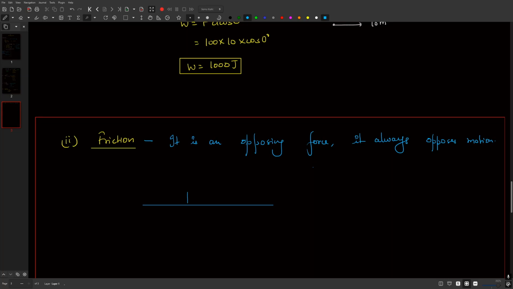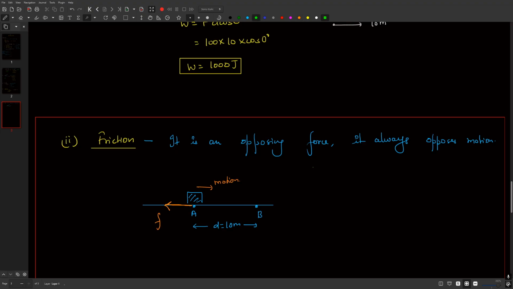So when the box is moving, we know that the displacement of the box is from A to B, and this displacement is 10 meters. What is the direction of friction when the box is moving from A to B? The direction of friction is backwards, because the motion is in this direction. Okay, so this is something which you need to keep in mind.